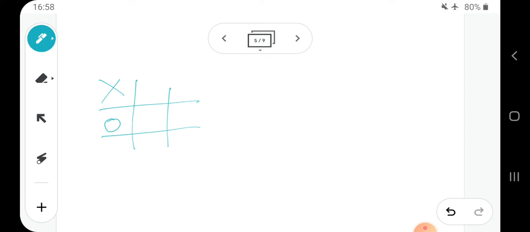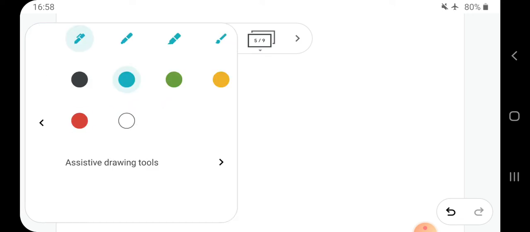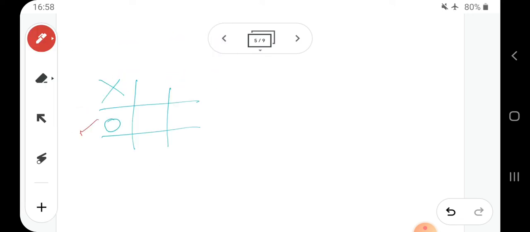Obviously, once this circle is marked, all the board positions along its lines are now not open for X. So let us check how many ways X can win after this circle is incorporated in this particular location.